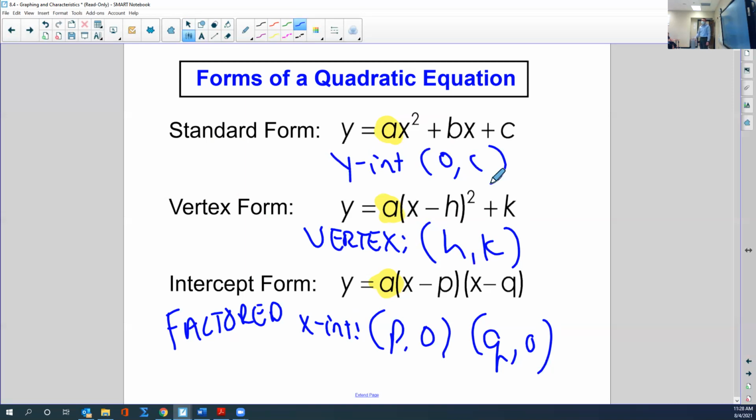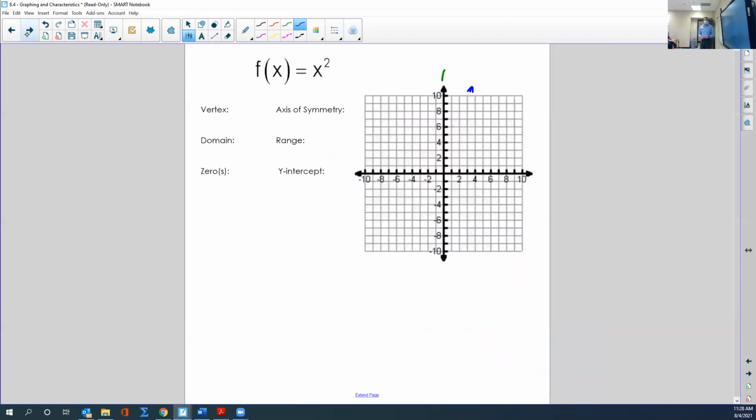Okay. So the best one to graph is vertex form. However, we see everything in standard form for the vast majority, and intercept form is not as common, but it will be a possibility. So we're going to look at f(x) = x squared and talk about the parent graph and how we can build every other graph based off of this. We really need to know some characteristics.